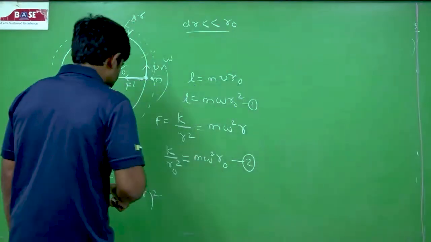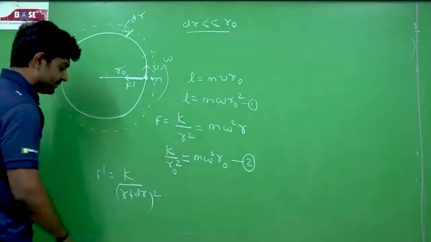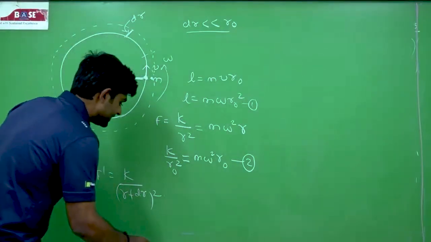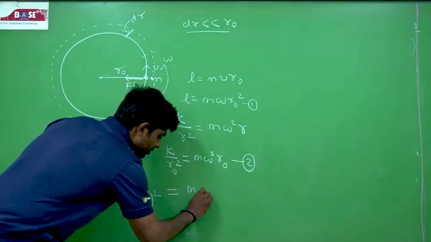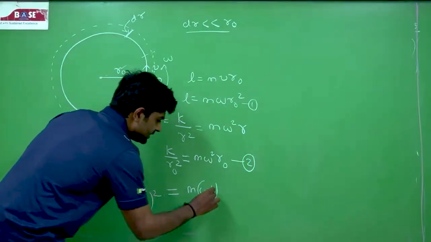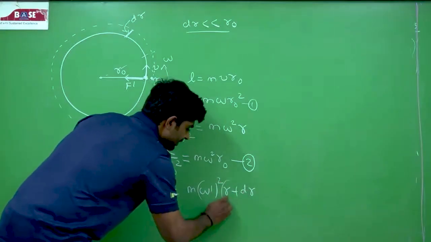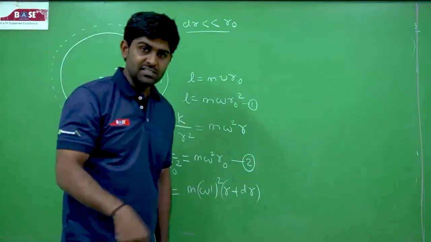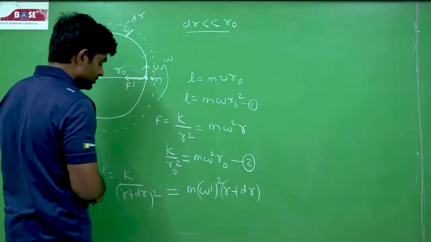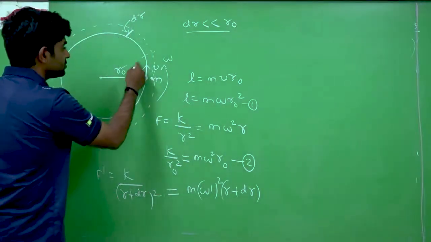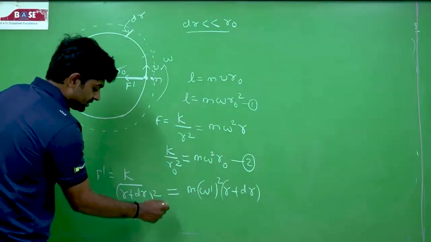So because of that, we can't say that this force is exactly equal to centripetal force, because we would have said this is equal to m omega squared times r plus dr. We would have written this if it is moving in a circular path. But it's given that it is not going to maintain a new circular path. It is going to change the radius. We cannot make this equal. If we write it as equal, it is going to be wrong.